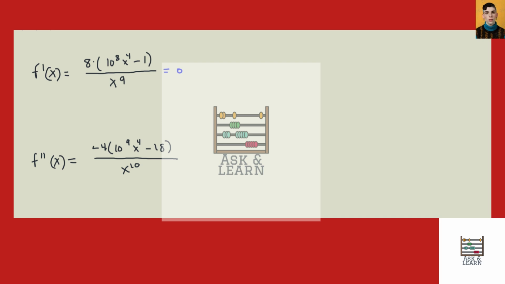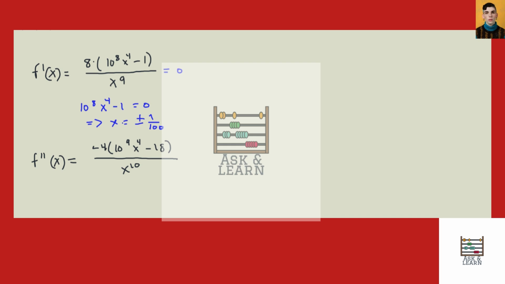We really want to solve for when our numerator is equal to 0, or 10^8 times x^-4 minus 1 is equal to 0. And if we go ahead and solve that, that just gives us x equal to plus or minus 1/100. So what this implies is we possibly have 2 points where it's going to be a maximum or a minimum.